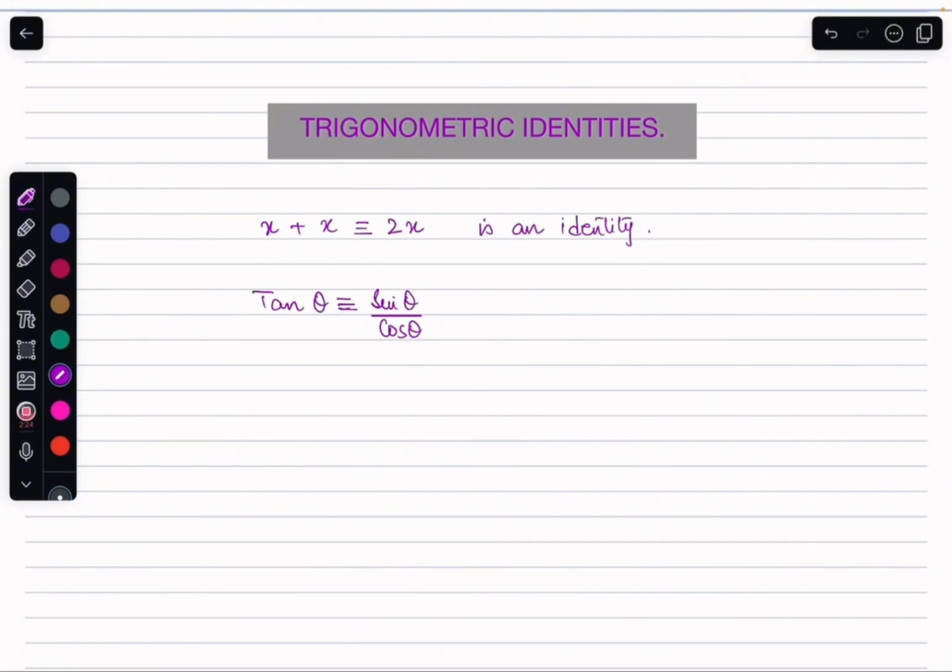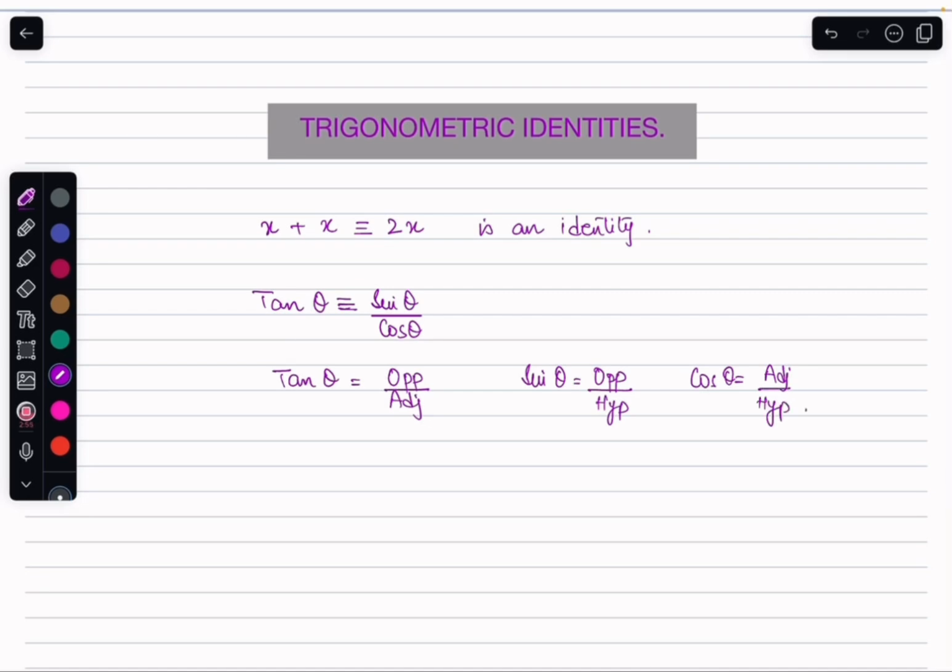So just to give a quick recap of how we get tan theta equals sine theta over cos theta, we know that tan theta is the ratio of opposite over adjacent, and sine theta is the ratio of opposite over hypotenuse, and cosine theta is the ratio of adjacent over hypotenuse.